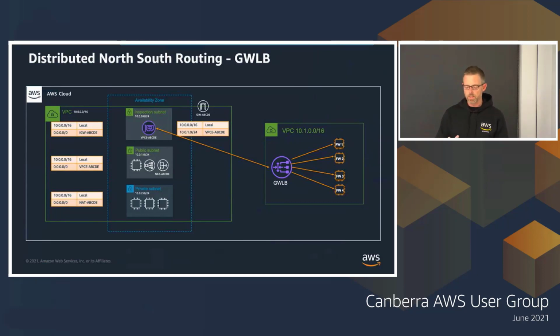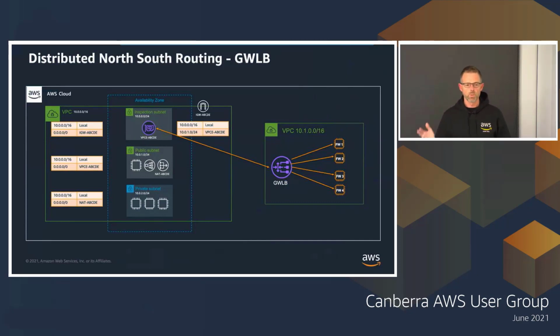In that inspection subnet, the default route there is off to the Internet Gateway. And the final route table in this VPC is the ingress route table on the VPC, the edge route table. It has the subnet that your NAT gateway and your public instances live in, that public subnet, and the route for that is directly to the Gateway Load Balancer endpoint.